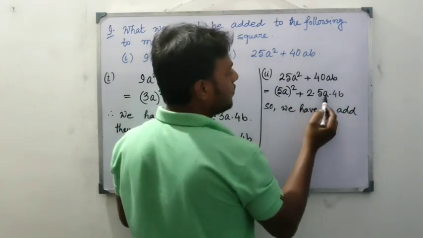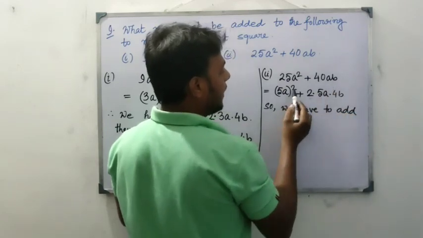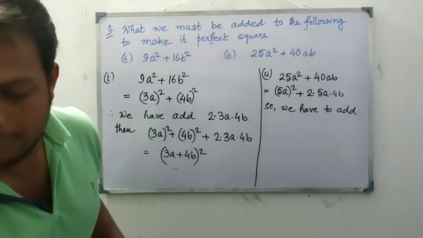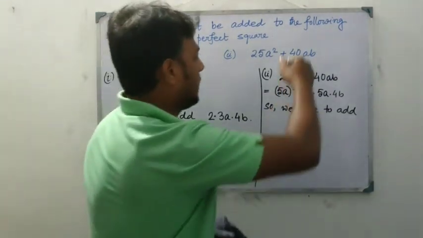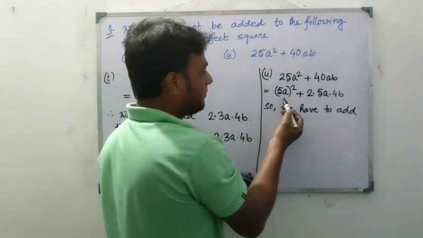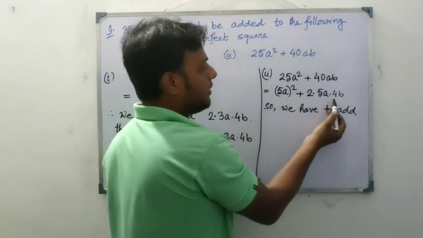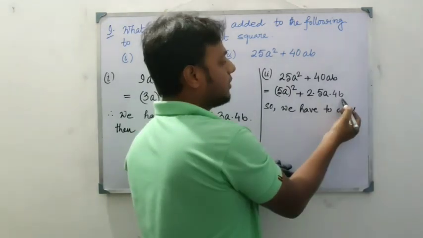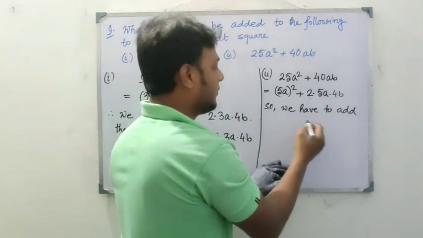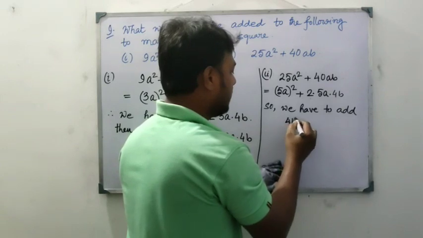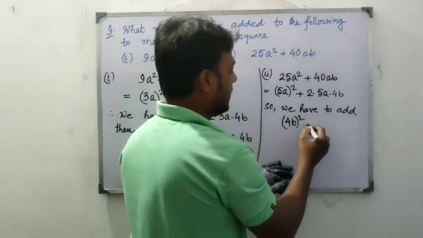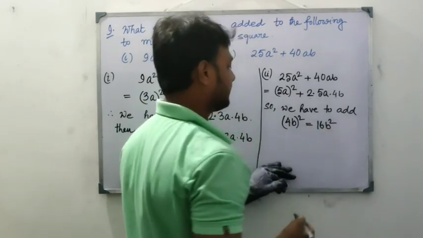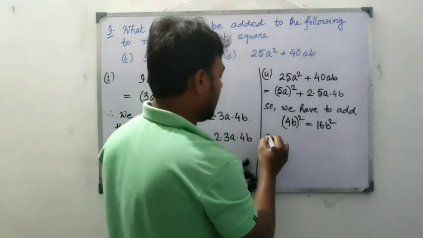See, this 2 into 5 into 4b means 40ab and 5a square. So in this term we have a square plus 2ab. So we need b square, that means 4b square. So we have to add this term, understood? So we have to add 4b whole square, that means 16b square.